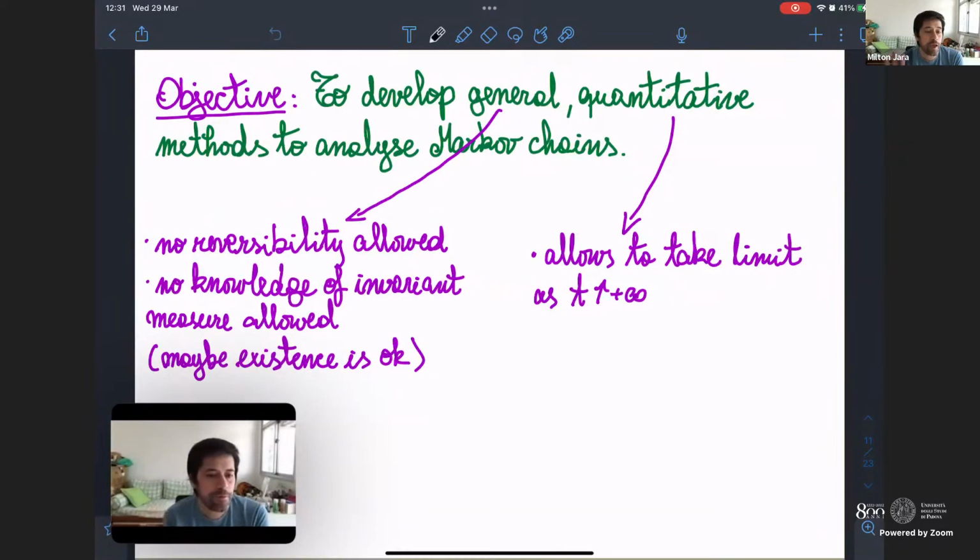Maybe you can use some information about the invariant measure that you know a priori, for example, in a continuous space setting, that the invariant measure has a density with respect to the Lebesgue measure. That could be okay, but not explicit knowledge of the invariant measure. And we want to make it quantitative because then maybe we can take t to infinity, since we will have something like t divided by n, and then we can take t large.